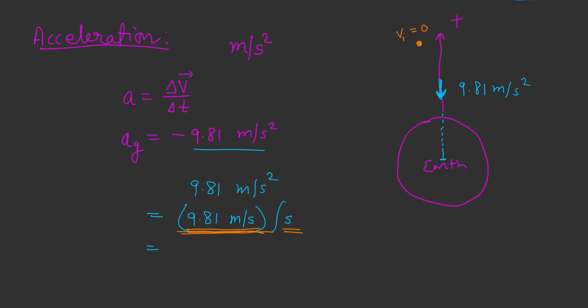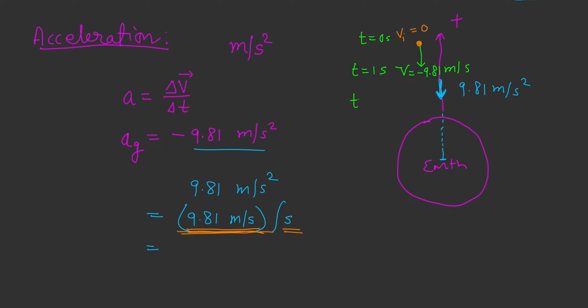Suppose it was dropped at t equal to 0 seconds. After 1 second, the velocity of the object will be minus 9.81 meters per second. The minus sign is just because you have taken the downward direction as negative, and the change is 9.81 meters per second. So if the initial velocity was 0, after changing it by 9.81, it will become 9.81 meters per second.